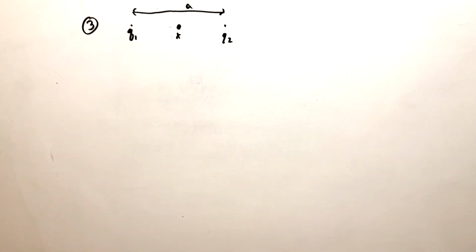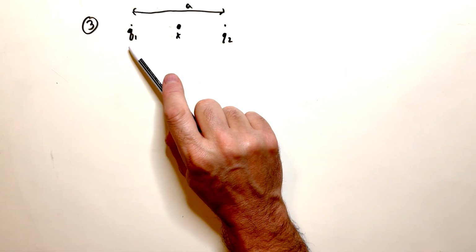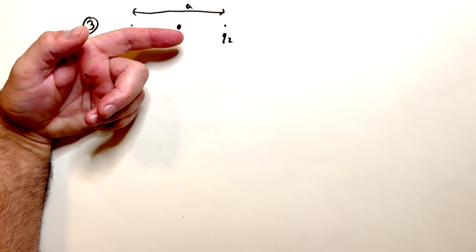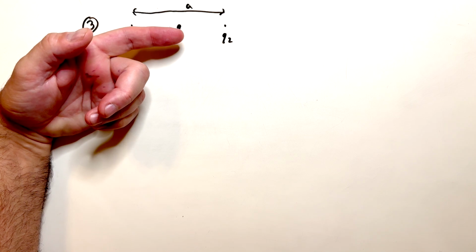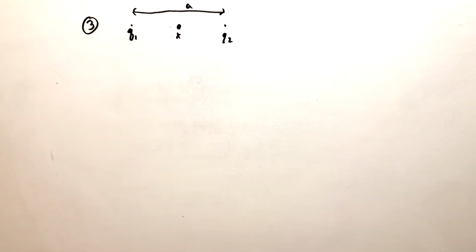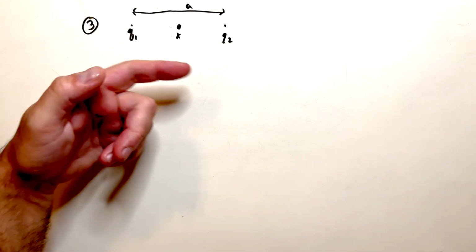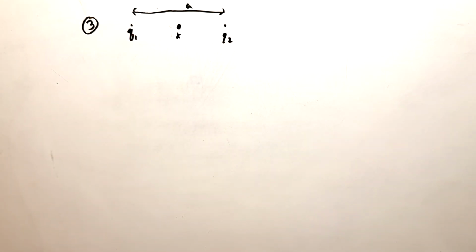So first thing to notice is that the field from charge 1, remember with test charges, we always consider them to be positive test charges. So the direction of the field is the direction of the force if the test charge was positive. So if this is positive and this is positive, there will be a repulsion, and it will be in this direction, so to the right.